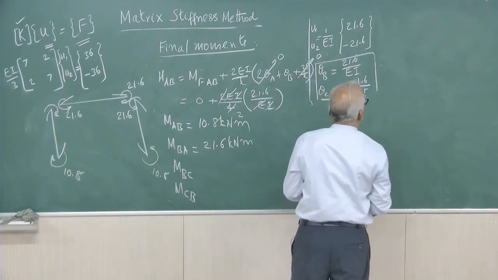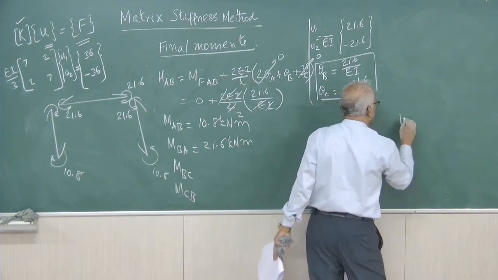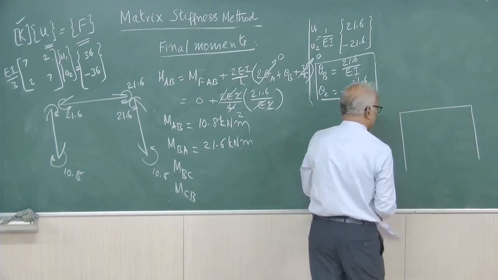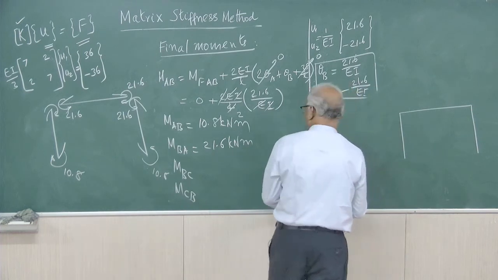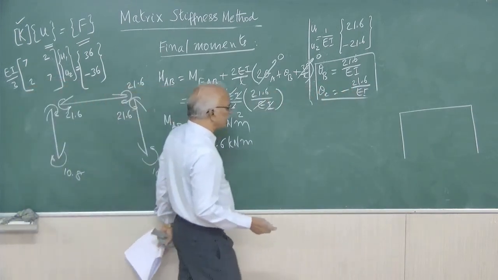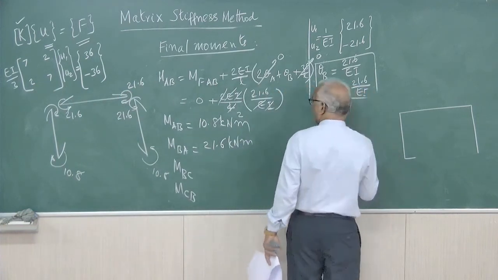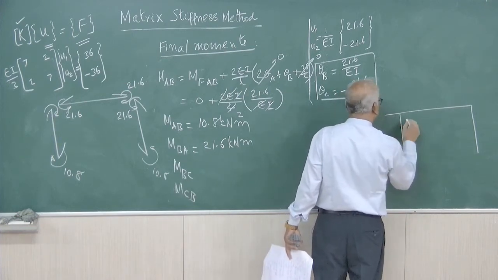Therefore, coming to the bending moment diagram, this is the frame. So, here tension is on the inner side, 10.8. So, 10.8 is on the inner side, and this is 21.6.